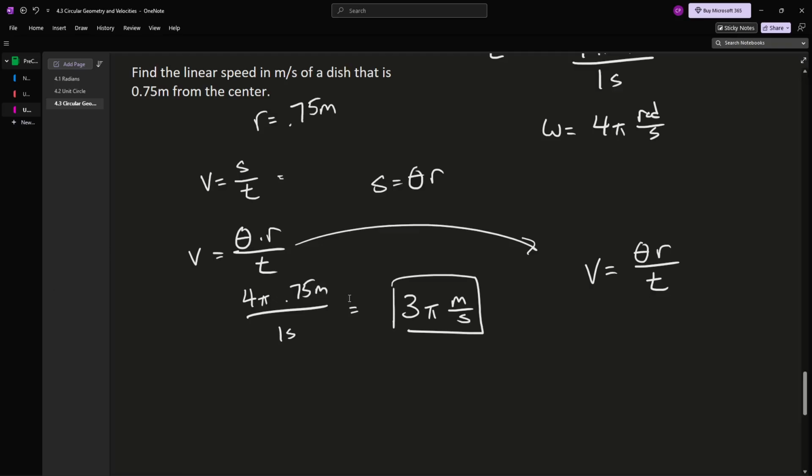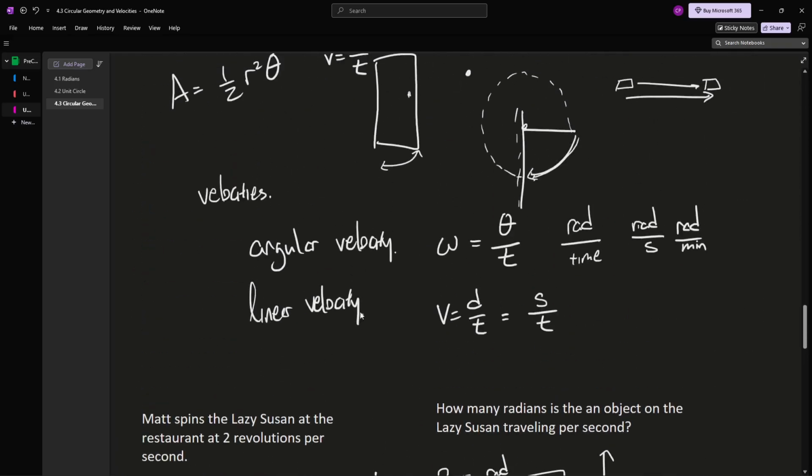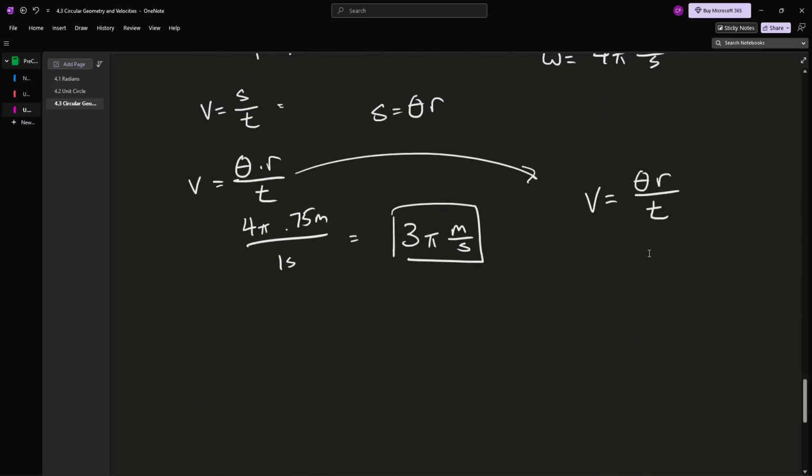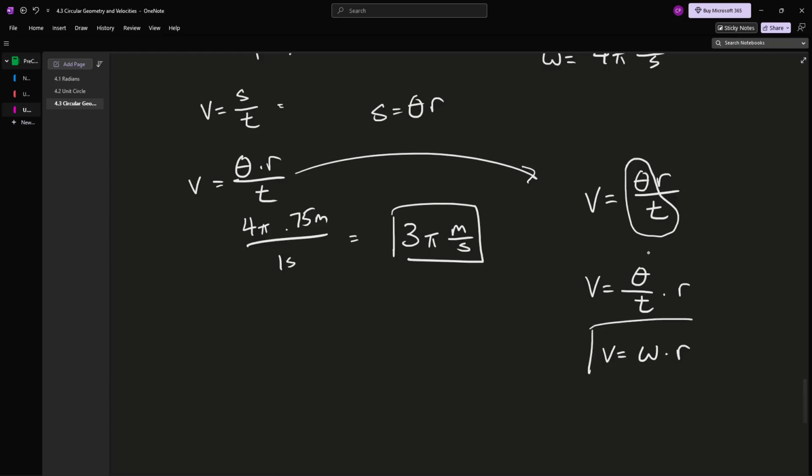Looking back at my other formulas, I see my angular velocity is theta over time. They're both very closely related. I have my theta over time right here, so let me just rewrite my velocity formula as theta over time times r. This is true. So now I have velocity equals omega times r. And this is another way of writing the formula.